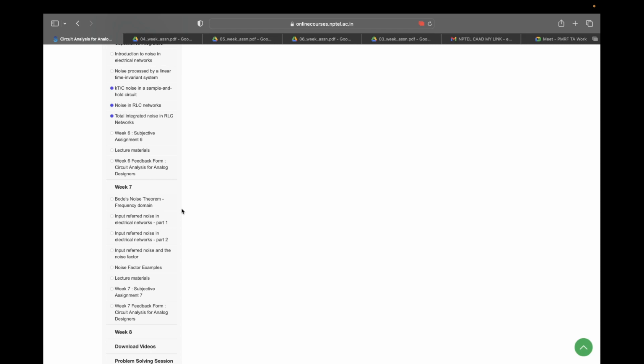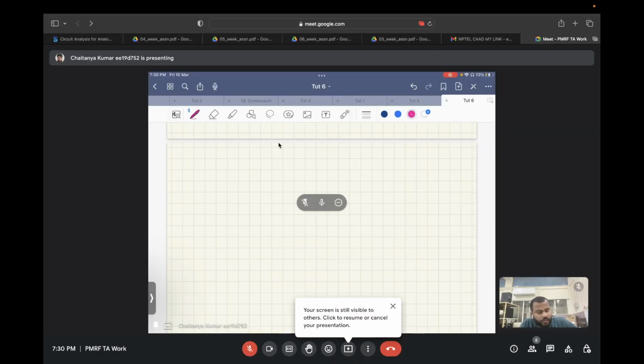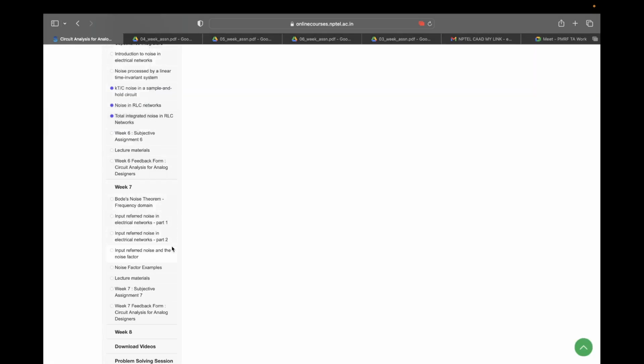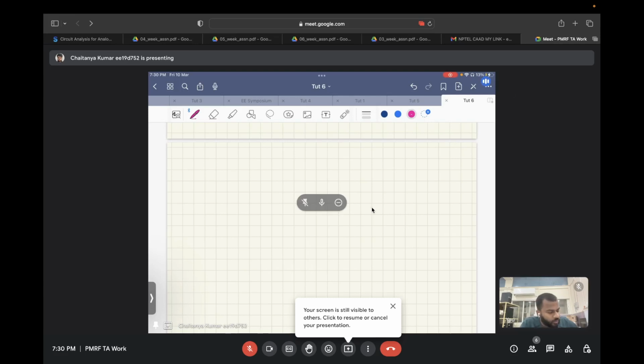Noise factor, not the entire thing, only two points. At the amplifier stage, while concluding that VA and IA are correlated. I don't know exactly what you are referring to. Can you draw something and share your screen?